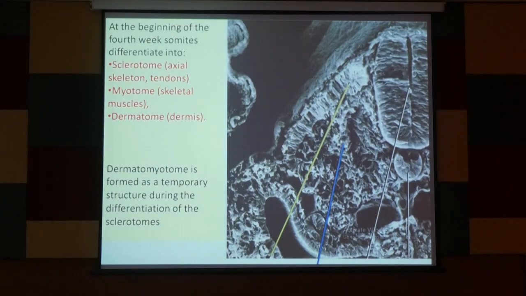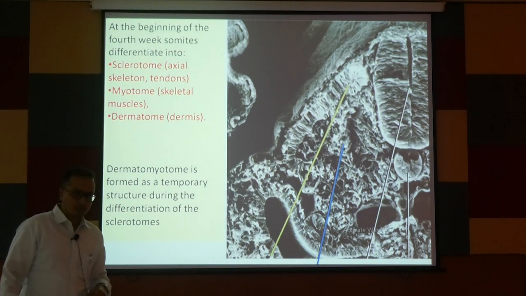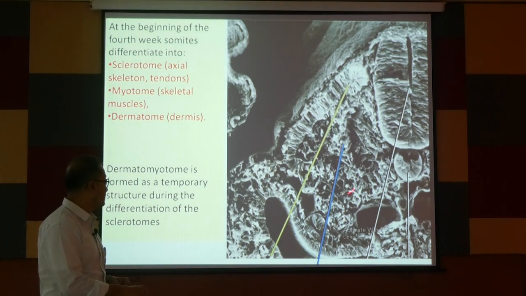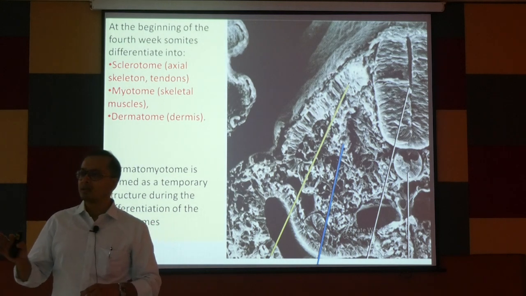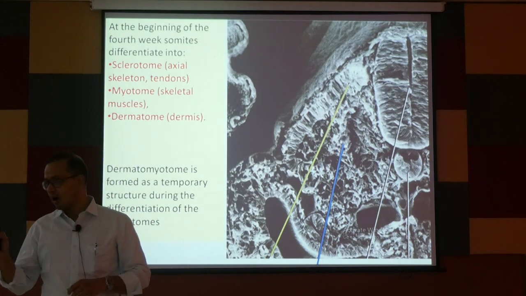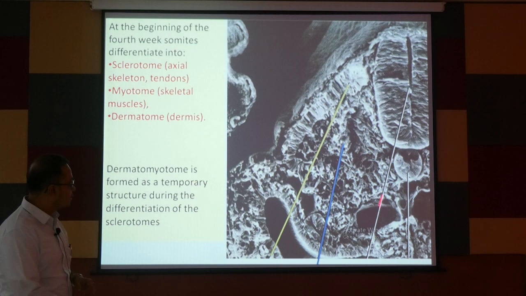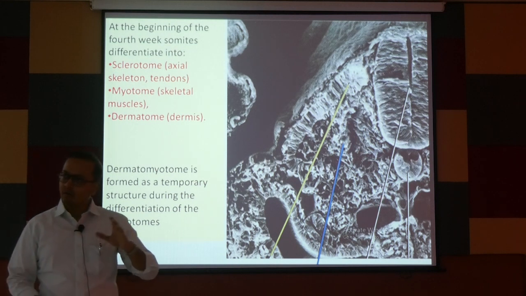Now, these somites which you are seeing here are present in the paraxial region. We have these somites which can be divided into two halves or two sections. One is close to the midline, other is away from the midline.